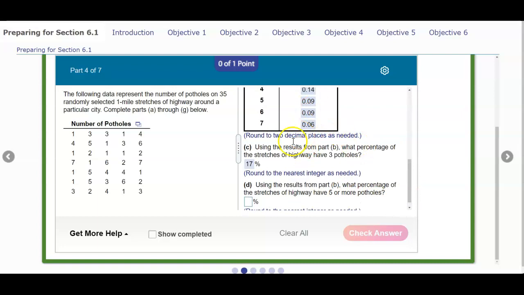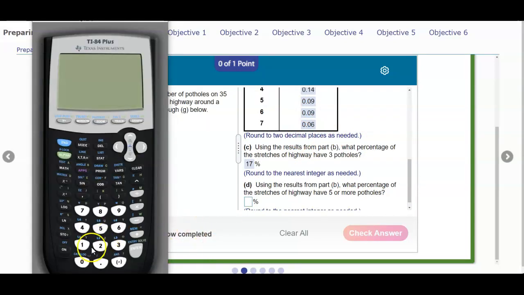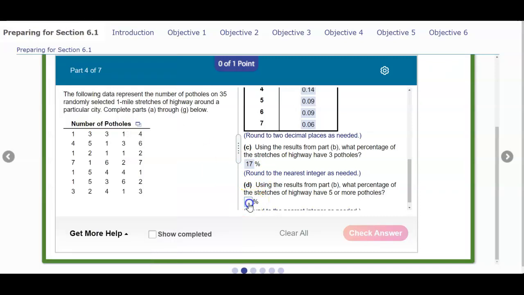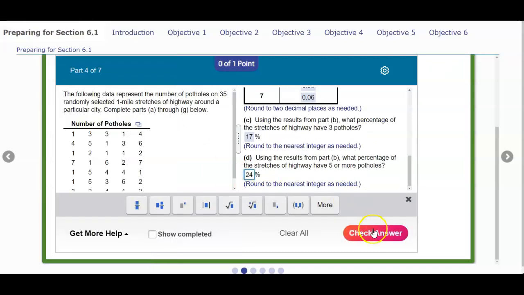So that means we're going to have to add 0.09 plus 0.09 plus 0.06, and that gives us 0.24, which represents 24%.